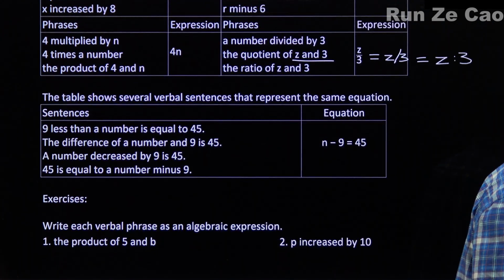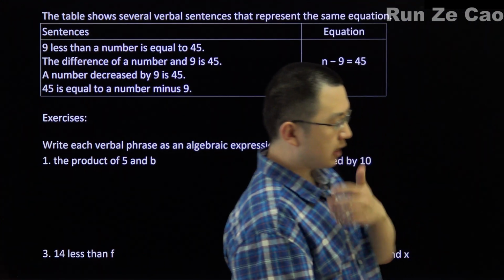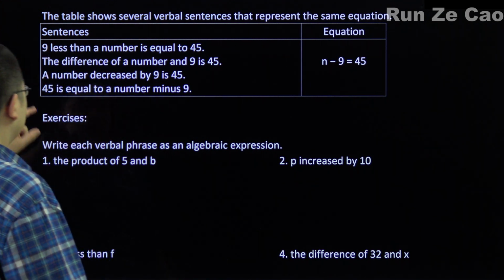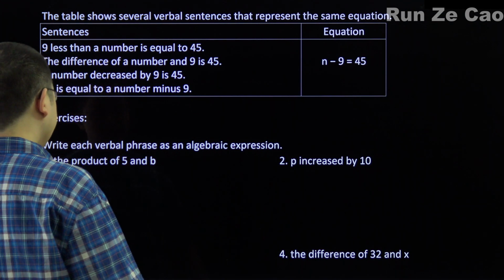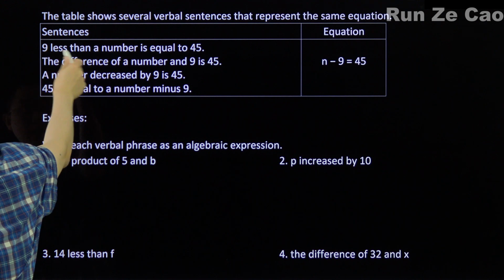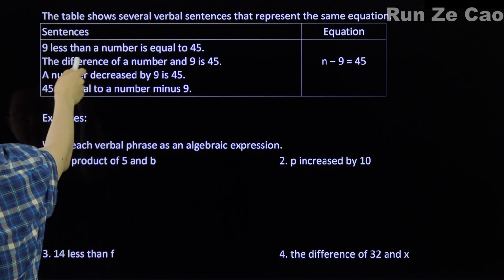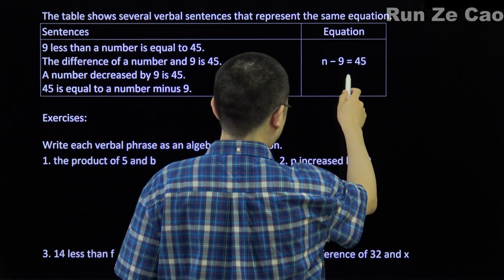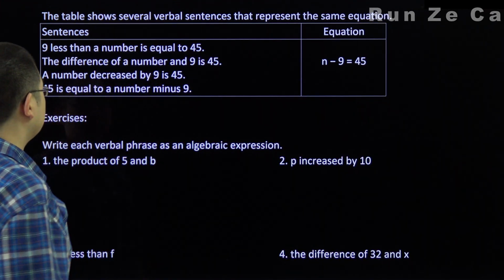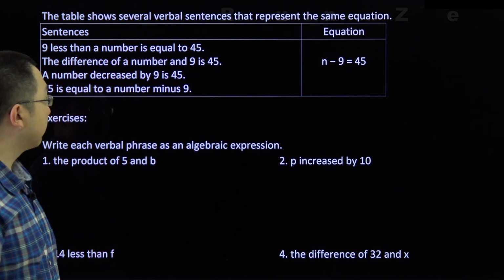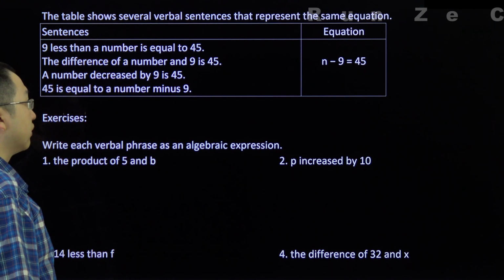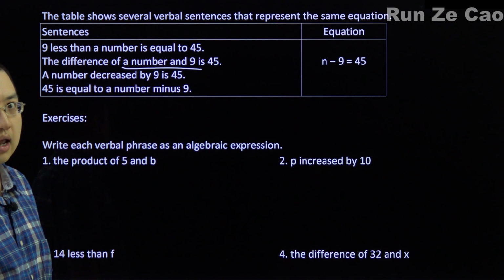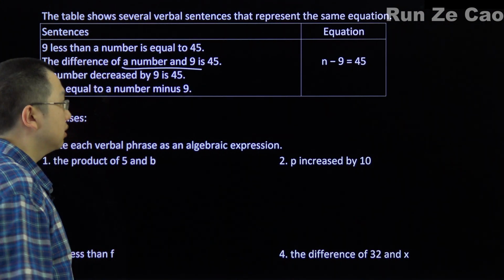So here we have some verbal sentences that represent the same equation as opposed to expression. 9 less than a number. Notice that a number is the reference point and it's 9 less than that, is equal to 45. And the difference of a number and 9 is 45. This order matters here because it's a difference. It's a subtraction.